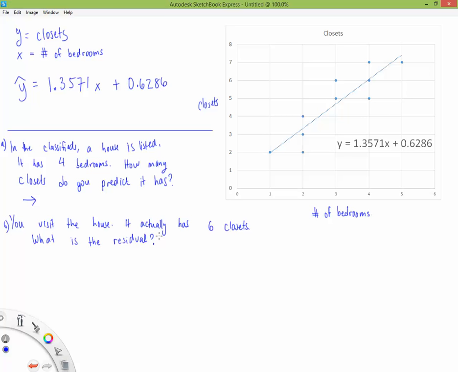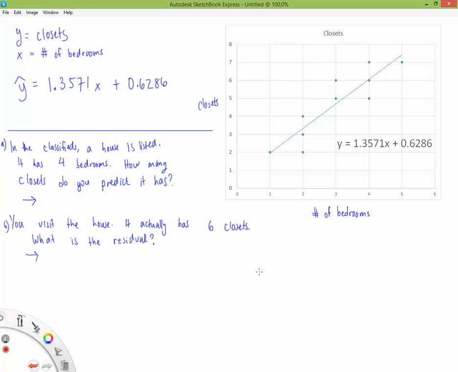So what is the residual for this house? Take a couple minutes to work this out.